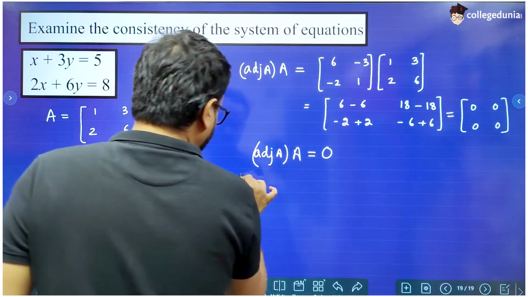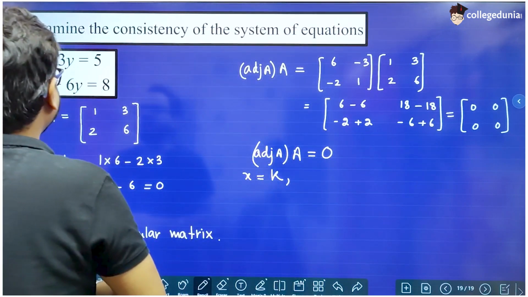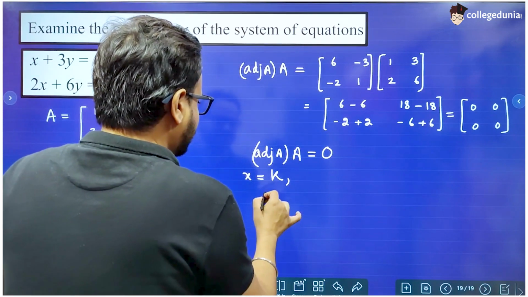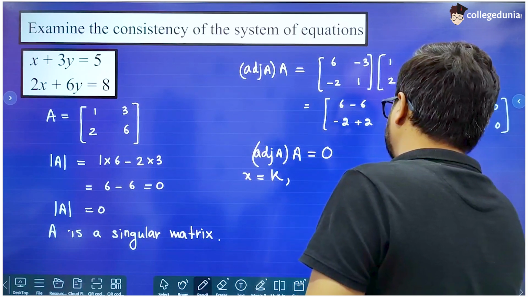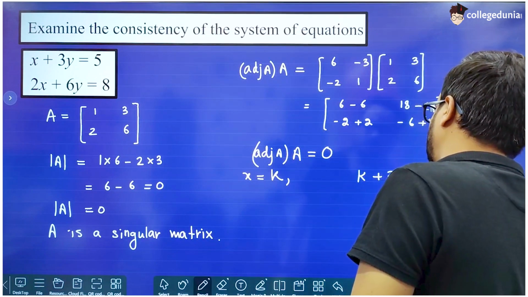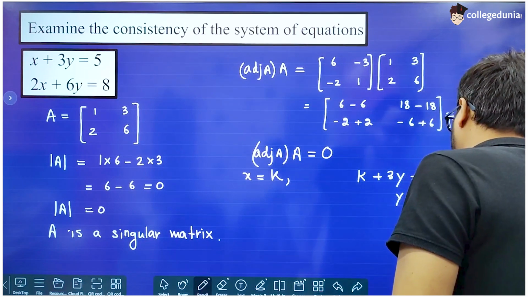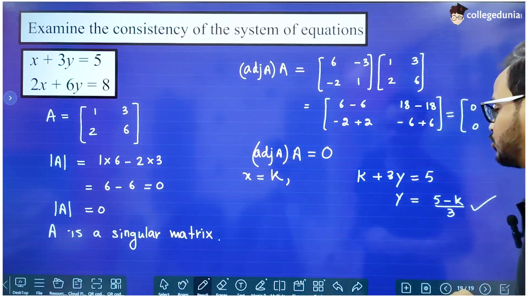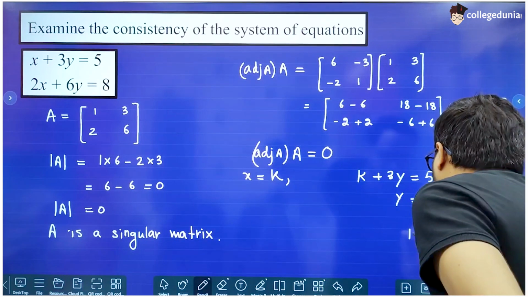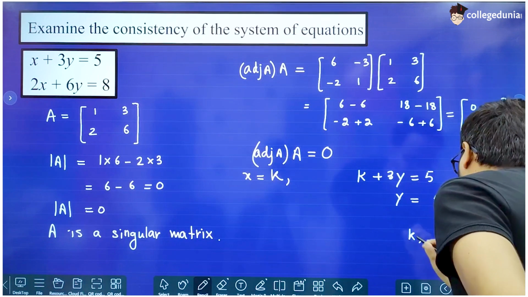To find the infinite solutions, let's put x equal to k. If we put x equal to k in the first equation, k plus 3y equal to 5, so y is 5 minus k by 3. So the solution can be k comma 5 minus k by 3.